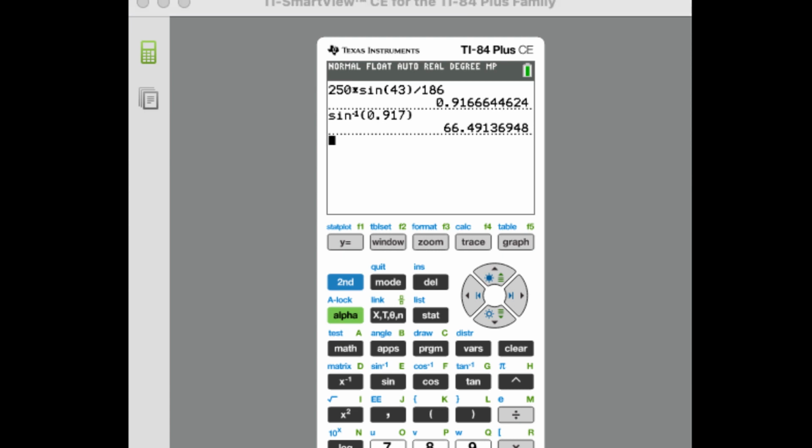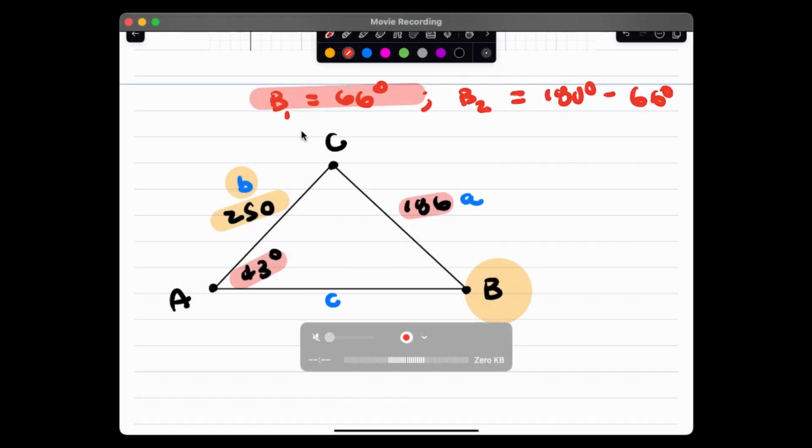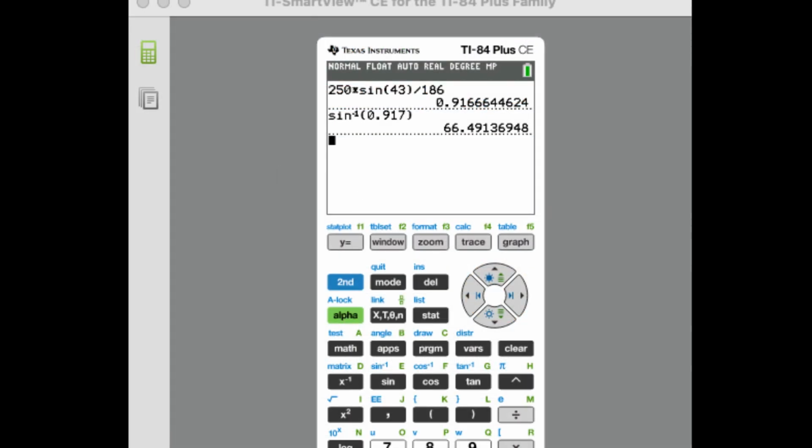Okay, so we're going to do 180 minus 66 degrees.